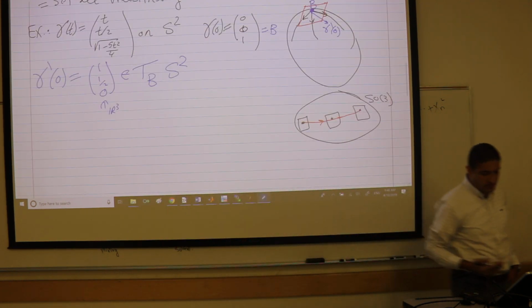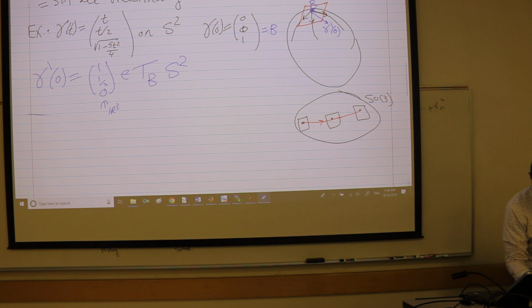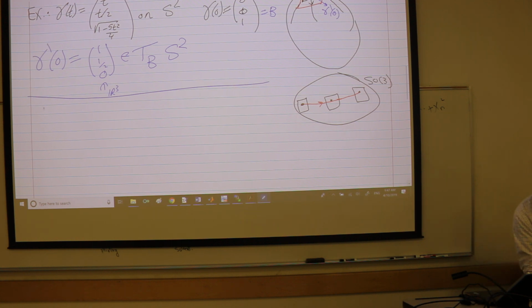If you want to do it without resorting to higher dimensional Euclidean space, we write gamma in coordinates, right? So let's pick some coordinates, for example, the stereographic projection from some point.